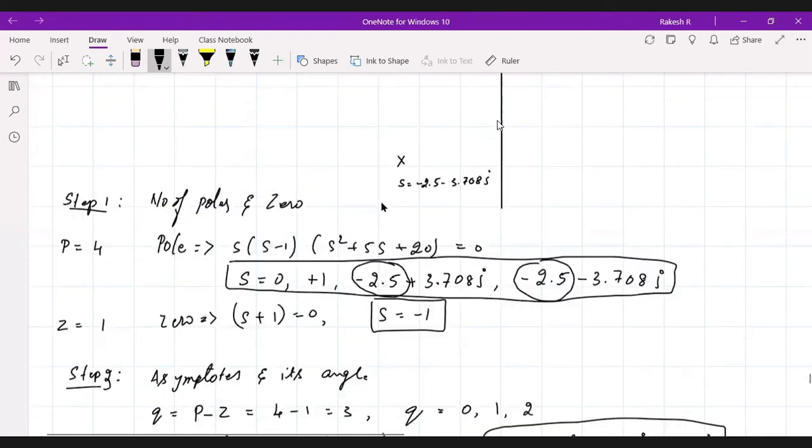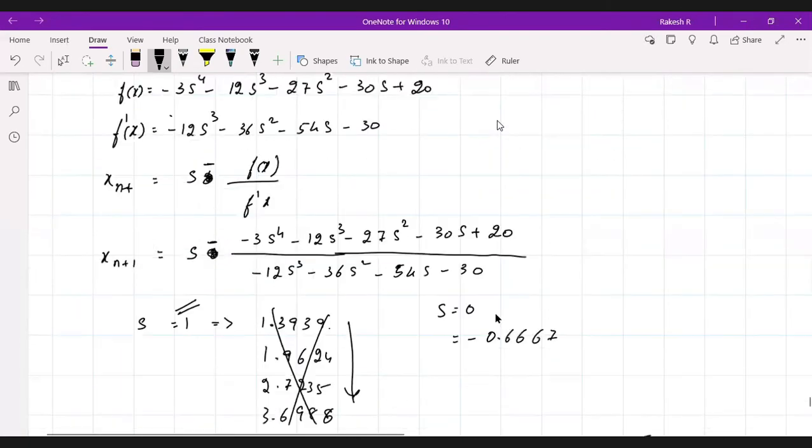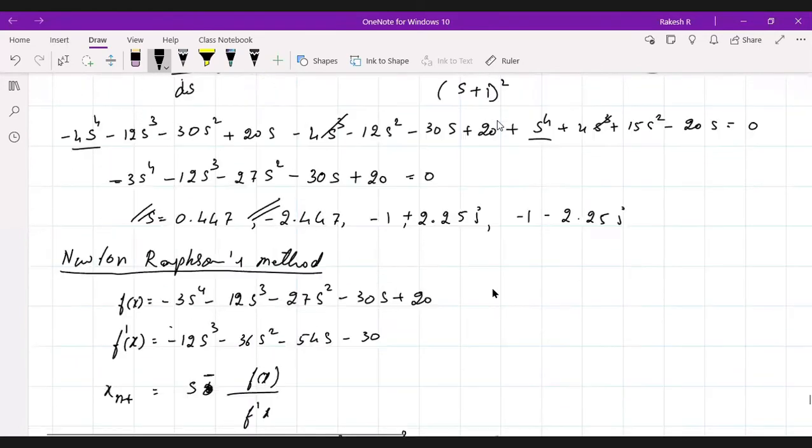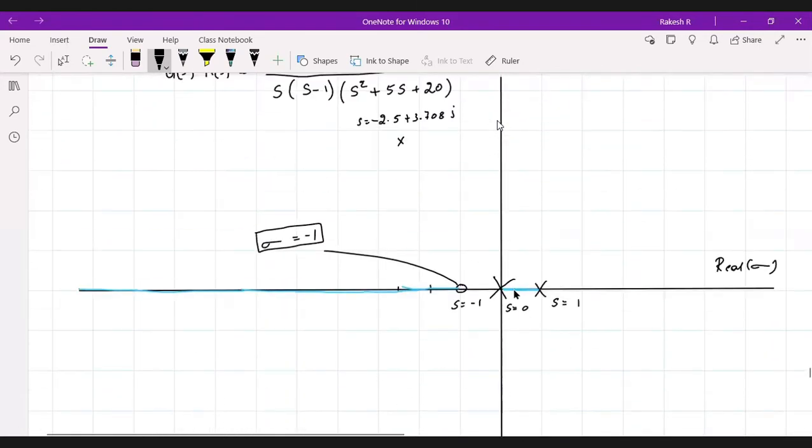That is 0.447, one root, that is plus 0.447. It is somewhere here. Plus 0.447 is this one, right? This is the break away point.